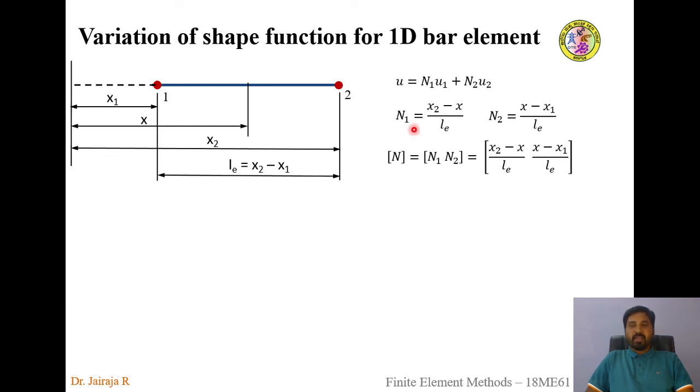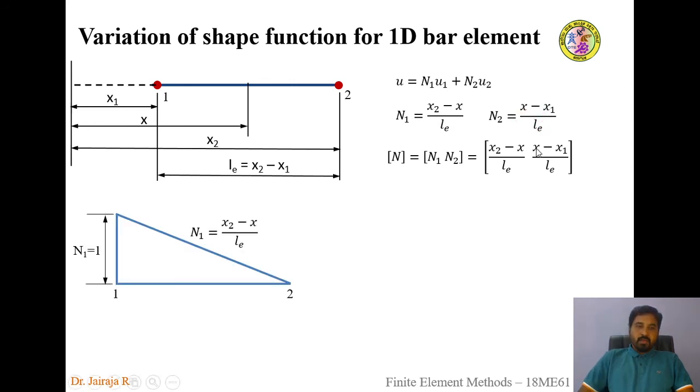We know N1 is equal to (x2 minus x) divided by LE, and similarly N2 is equal to (x minus x1) divided by LE. Here we can see at node 1, N1 is equal to 1. At node 2, N1 should be 0. The variation of N1 from node 1 to node 2 can be represented by N1 is equal to (x2 minus x) divided by LE.